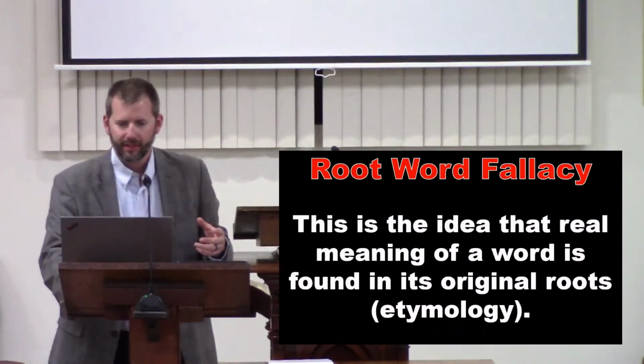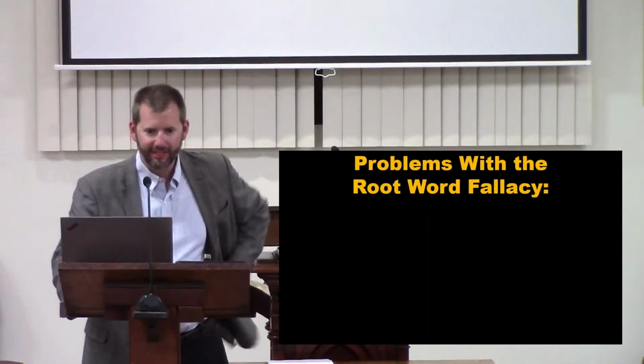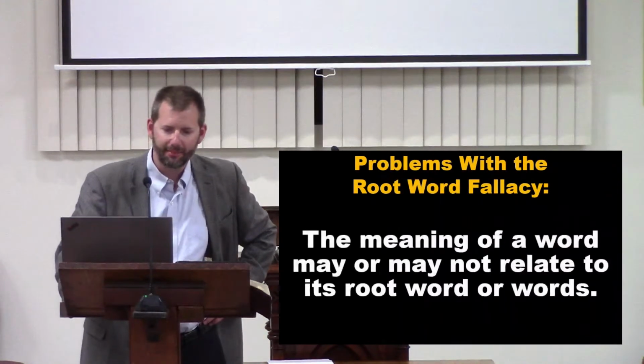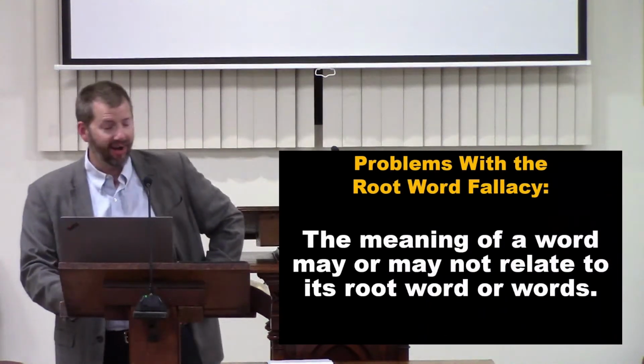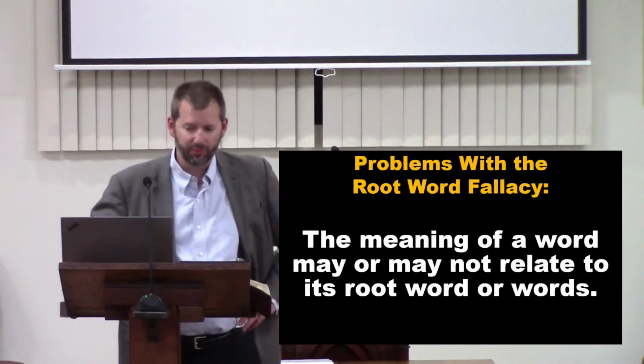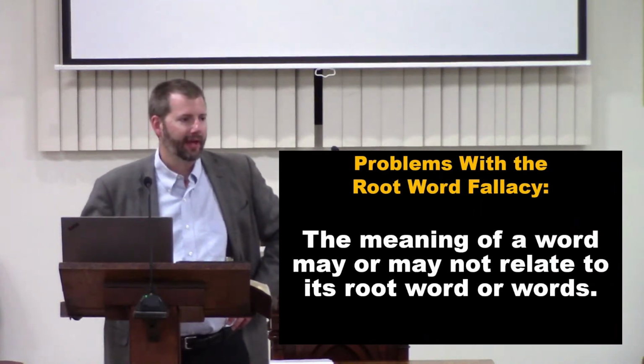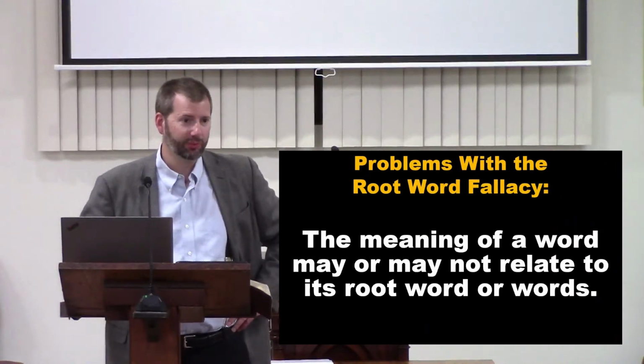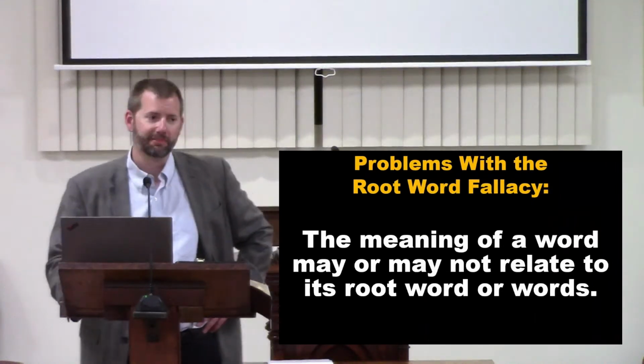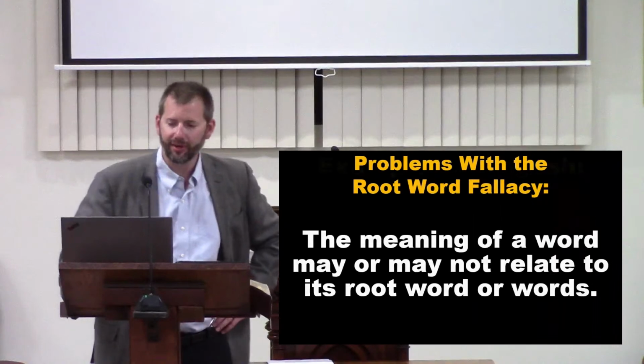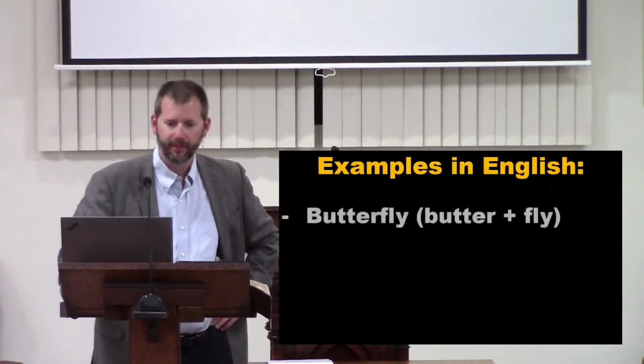Well, the problem with the root word fallacy is that the meaning of a word may or may not relate to its root word or words. Sometimes the root words do equal what the word means. Sometimes they don't. I'll give you some examples in English that we're familiar with.